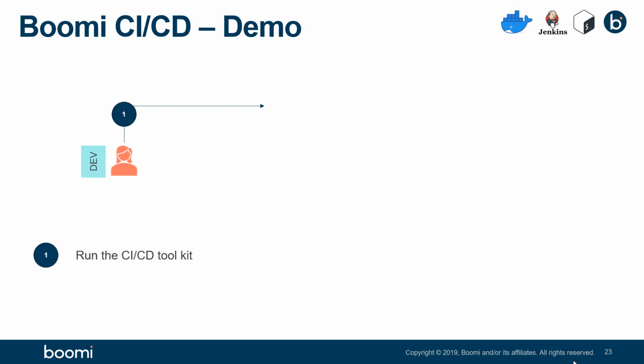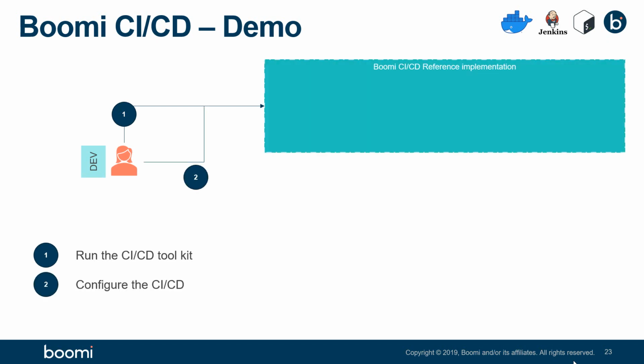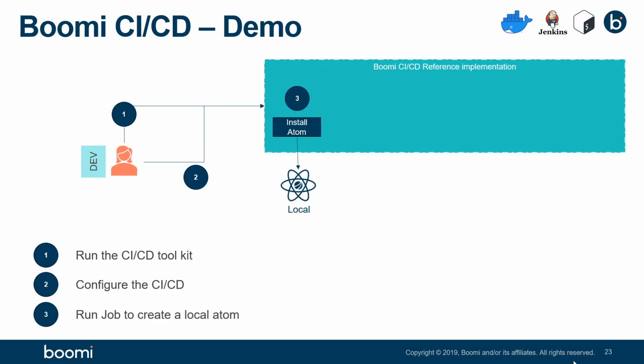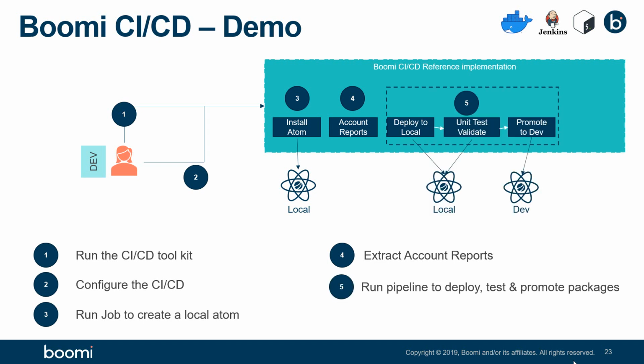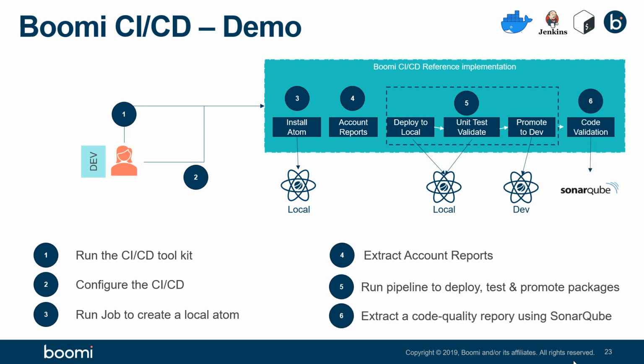In this demo, I'm going to first run the CI/CD utility, configure the toolkit for an account, run a job to create a local runtime, extract account reports, call a Jenkins pipeline to deploy, test, validate, and promote a package, and finally perform static code analysis and extract a code quality report using SonarQube.